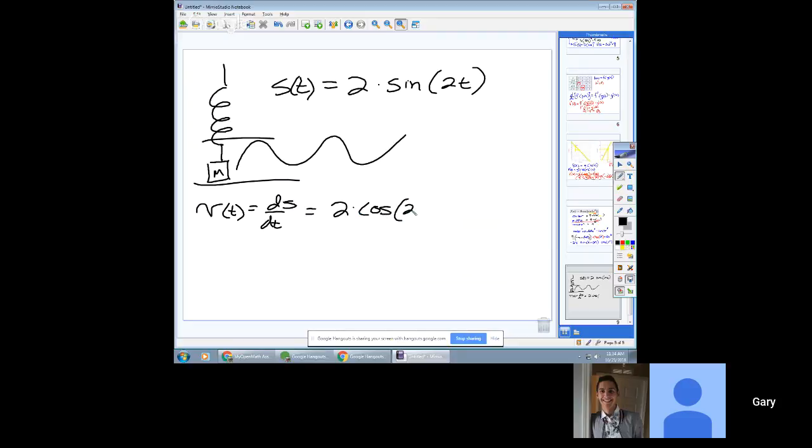The 2t inside chills out for a moment, but what do we have to adjust with? The chain rule. The chain rule says you got to take the derivative of 2t, which is another 2. So that tells me, cleaning it up, the velocity is 4 times the cosine of 2t.